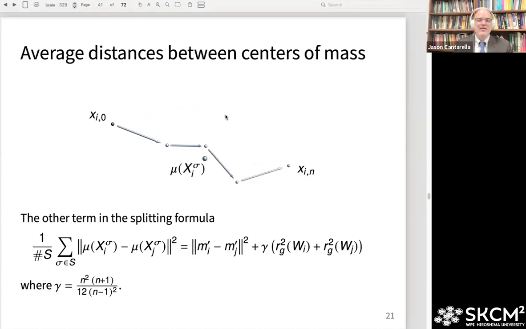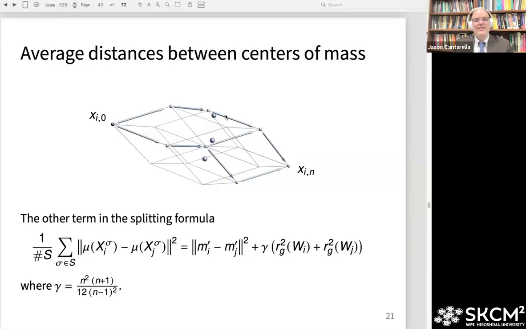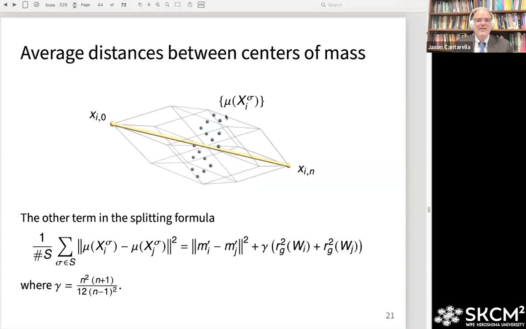Here's another tour with another center of mass. Here's a third tour with a third center of mass. And here's the lattice again with the three centers of mass drawn in. If I draw in all the possible centers of mass for all the tours in the lattice, again, you get this very symmetric point cloud.